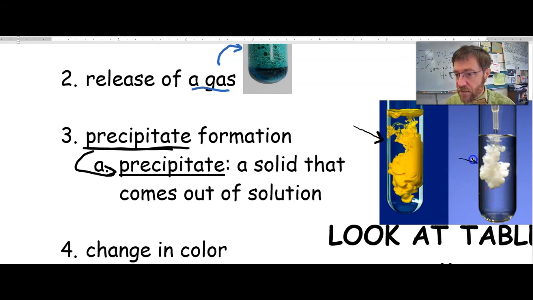And this one over here, this is a calcium precipitate. So it's kind of white, just like your bones. And it is a precipitate, right? So this stuff right here and this stuff right here, the yellow and the white stuff, they are precipitates because they don't dissolve in water. The two liquids had compounds that could dissolve, but when you put them together, they form a compound that cannot dissolve.